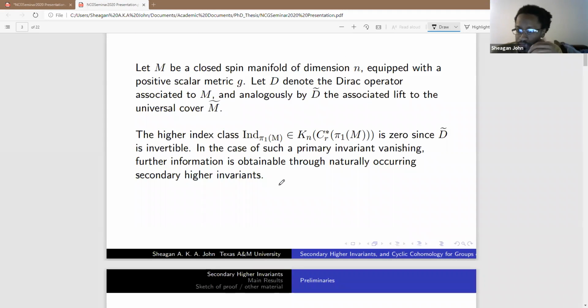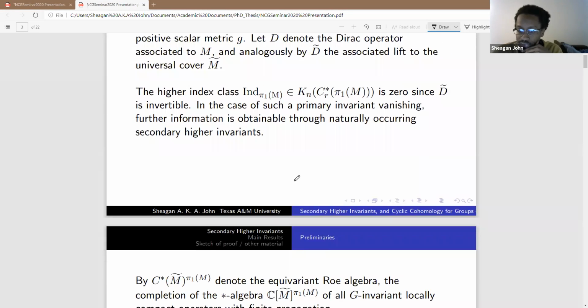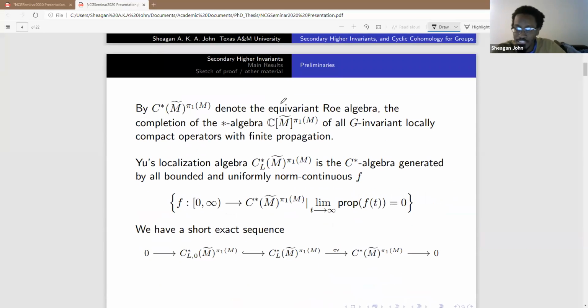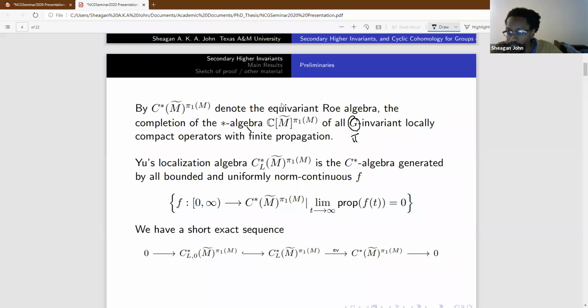Okay, so first I'm going to speak about where, in a sense, these invariants are going to live. So I'm going to denote here our equivariant Roe algebra, equivariant with respect to the fundamental group of M. We pick some admissible Hilbert module, we look at the space of bounded operators, and we take the star completion of all our, this G, I already have spotted a typo.